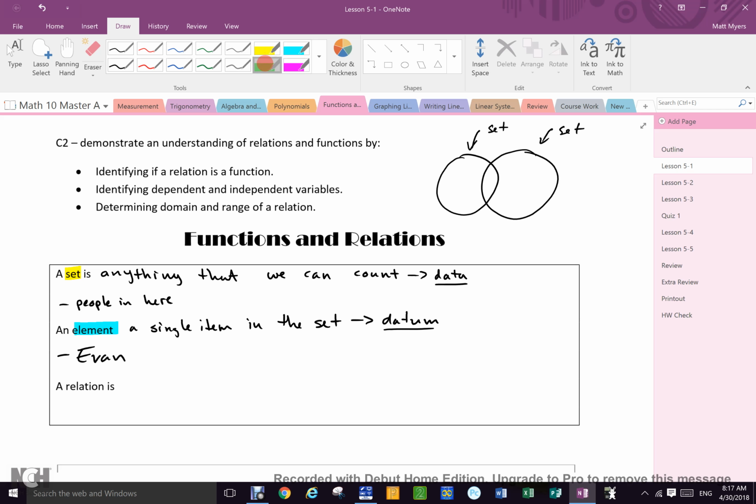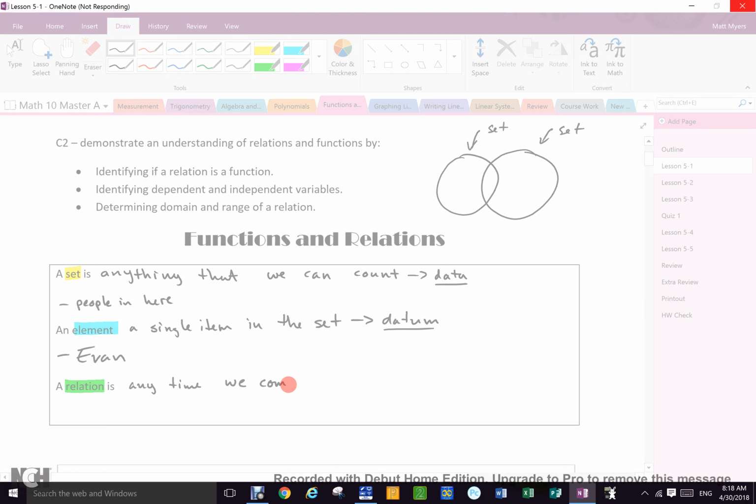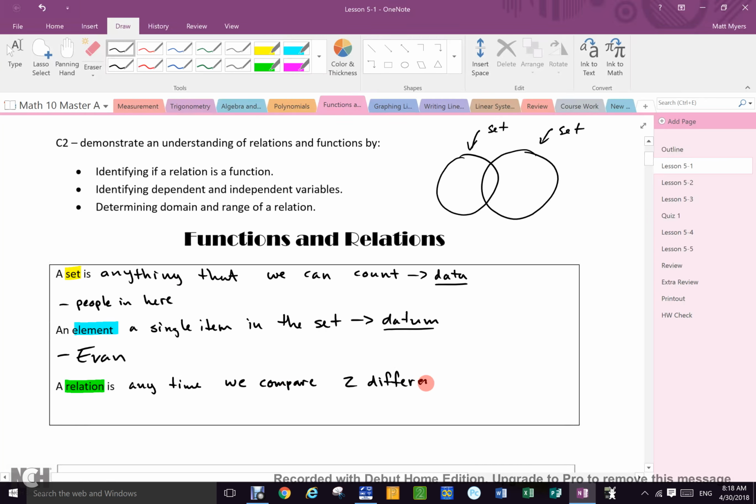And finally, the third word is a relation. A relation is anytime we compare two different sets. So, in this room, there's a set of people. Agreed? That set of people is made up of elements, all of us.